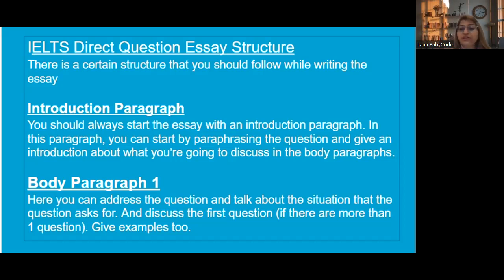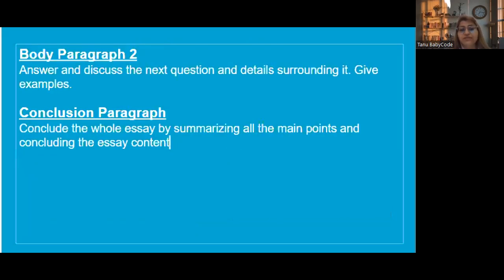So suppose there are two questions, you will discuss the first question in the first body paragraph, talk about examples also, and explain it very carefully. Body paragraph 2, here you need to answer and discuss the next question, and you have to talk about the details surrounding it. You have to give examples, right, for discussing the next question.